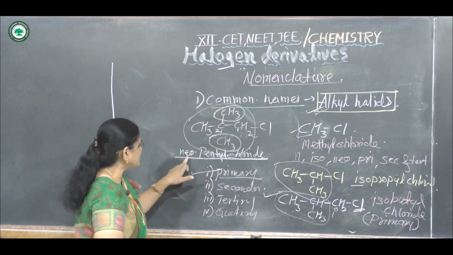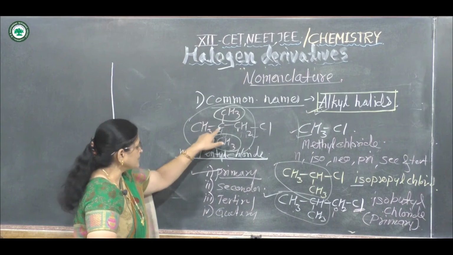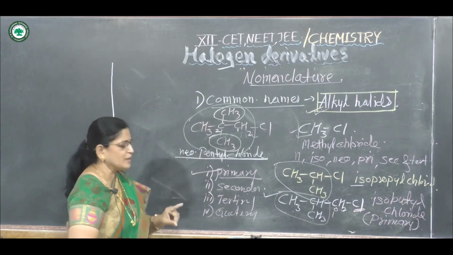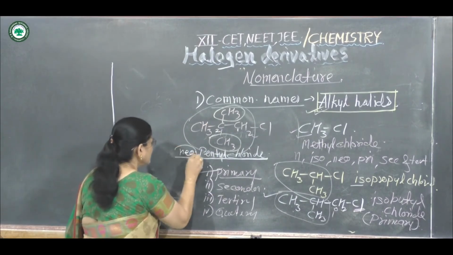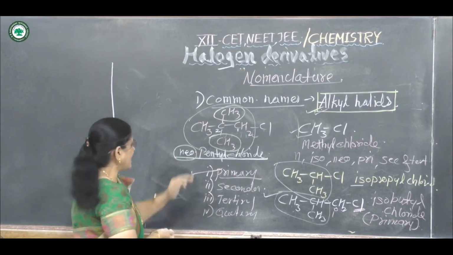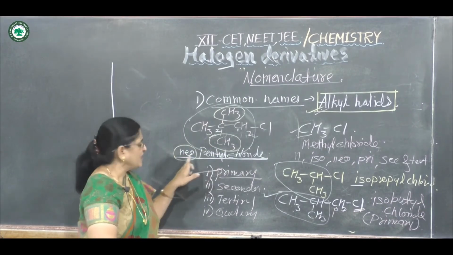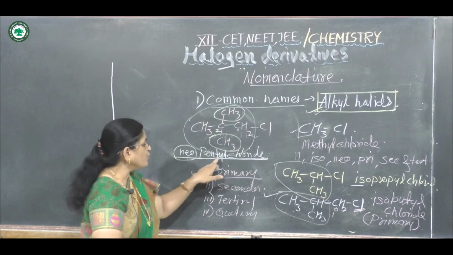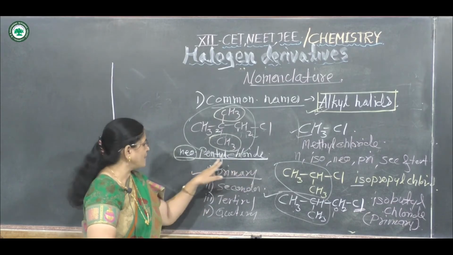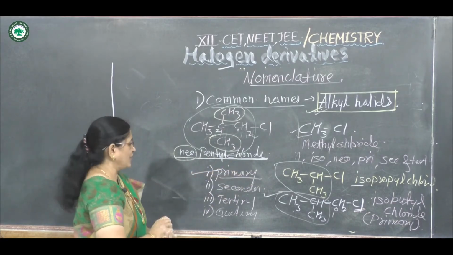Hence, the name of this compound is neo, as on the second carbon atom there are 2 methyl branches. This is the neo group. And as it contains 5 carbon atoms, the name of this compound is neopentyl chloride.